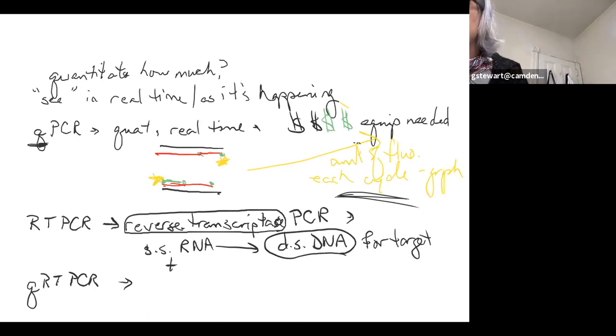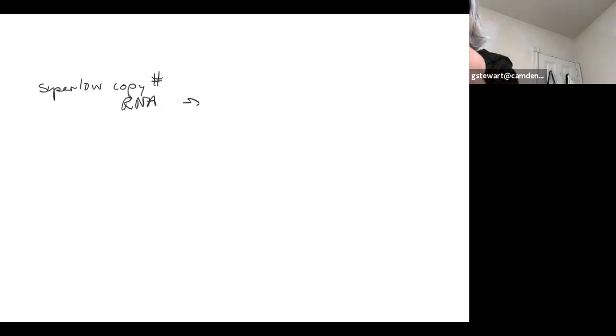So depending on the company and depending on which version of this they're using, that's why you see different types of the PCR. But the premise is still the same. We are looking for a super low copy number, in this case, RNA, and then we are using PCR.